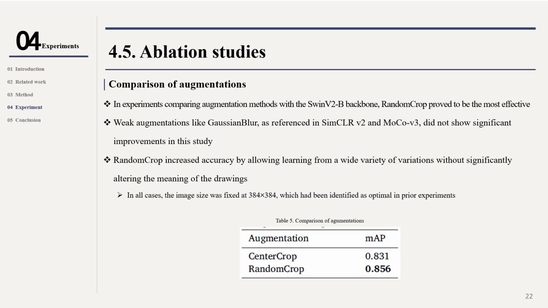In experiments comparing augmentation methods with the SwinV2-B backbone, random crop proved to be the most effective.